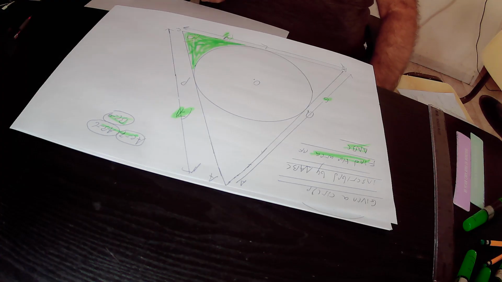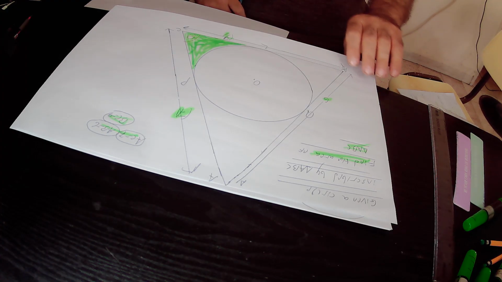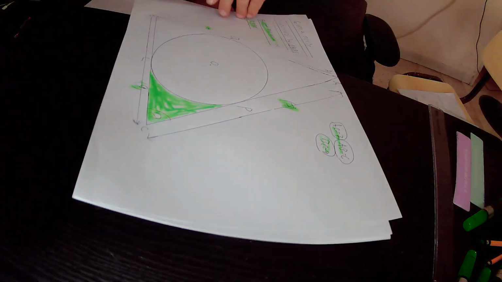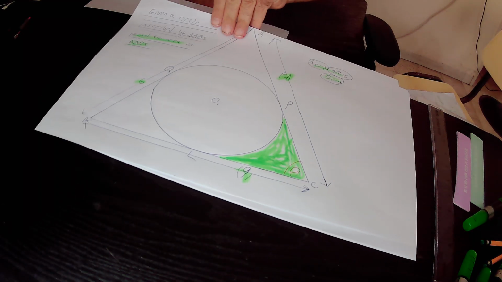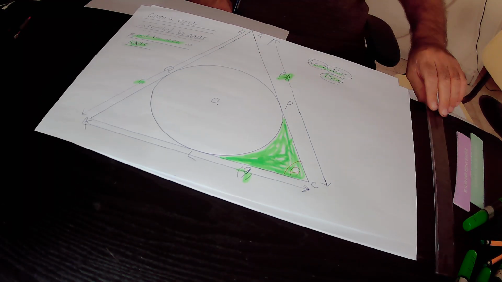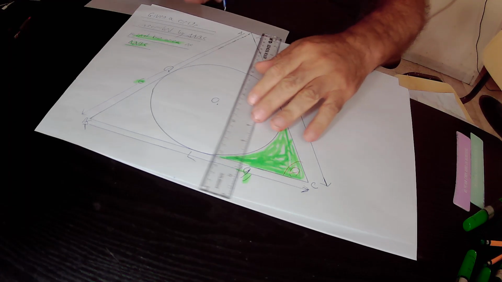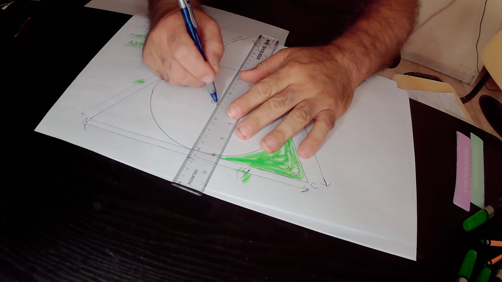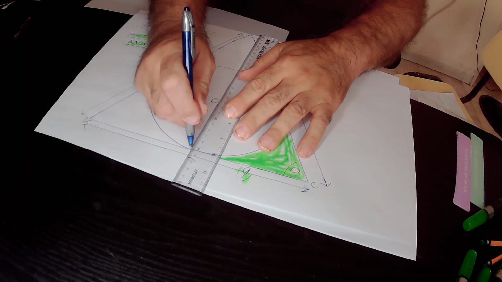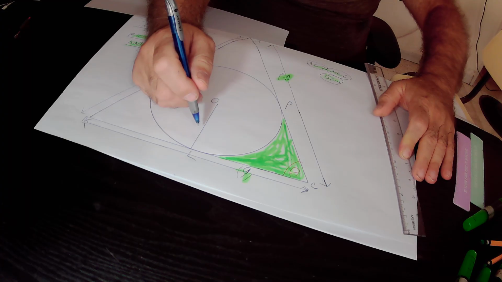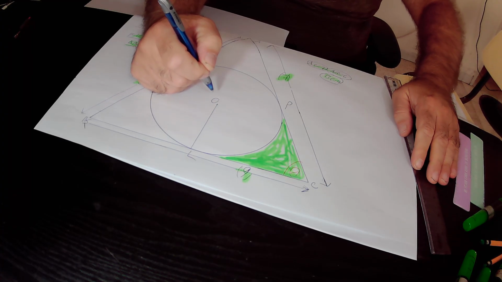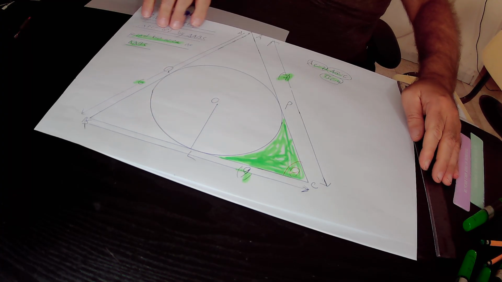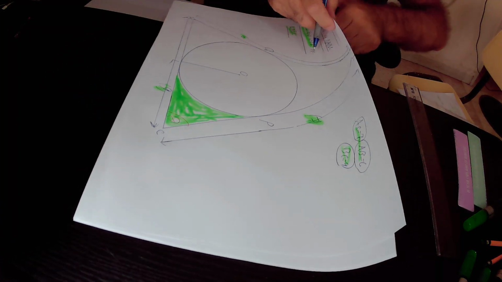We define the radius of this circle as R, and we join points O and L together by a straight line. Point O is the center of the circle, point L is a point on the circle itself, therefore OL is the radius of the circle, equal to R according to our definition.